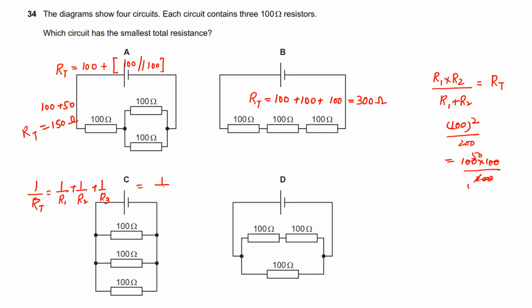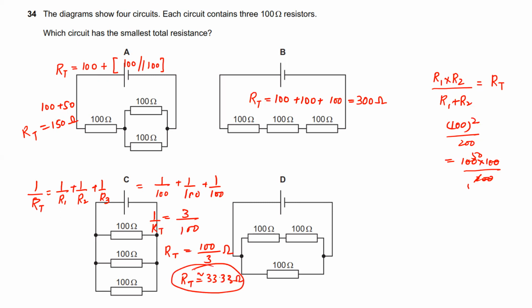So if we calculate 1 by 100 plus 1 by 100 plus 1 by 100, this comes out to be 3 by 100, which is 1 by RT. So effective resistance becomes 100 divided by 3 ohms. So this is approximately 33.33 ohms.